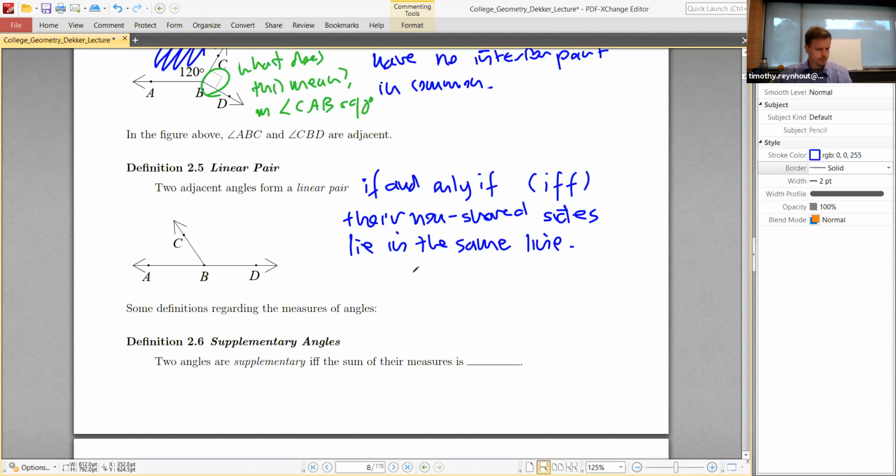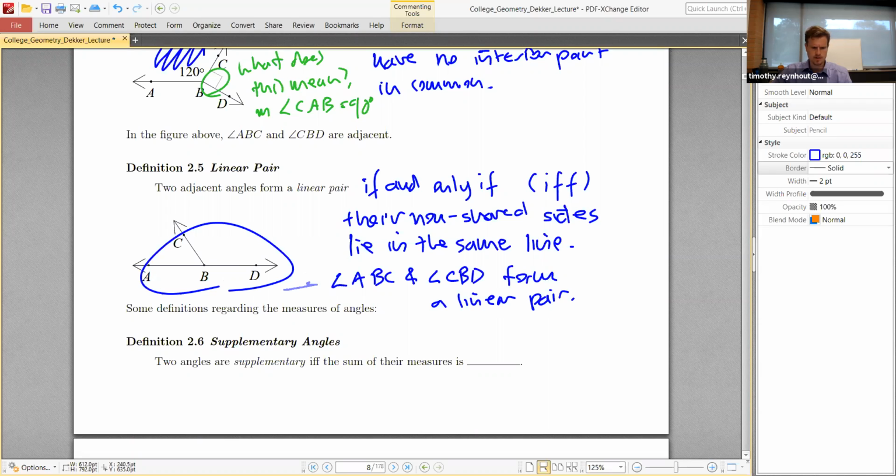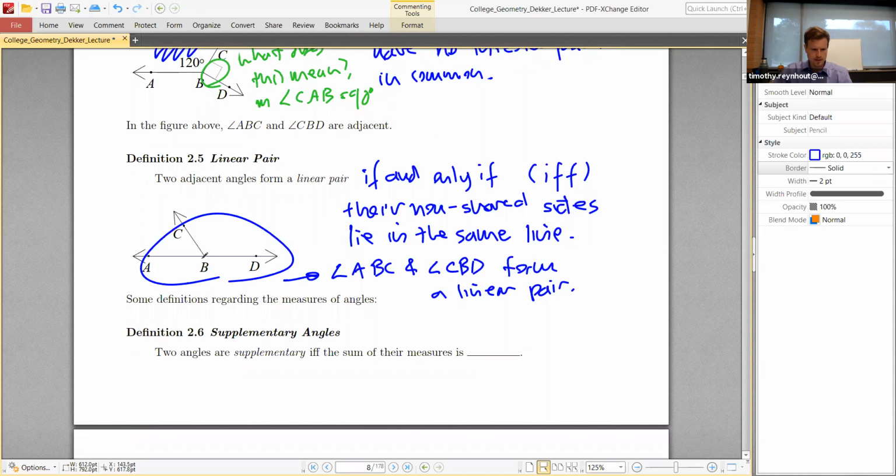Excellent. So in this case, of course, we would say that angle ABC and angle CBD form a linear pair. So for this figure, we have a linear pair because this side and that side lie on the same line.